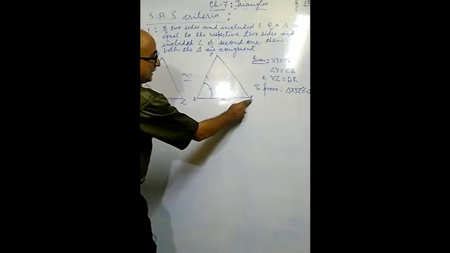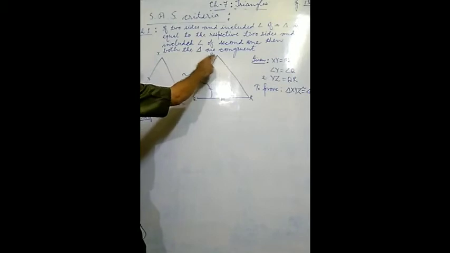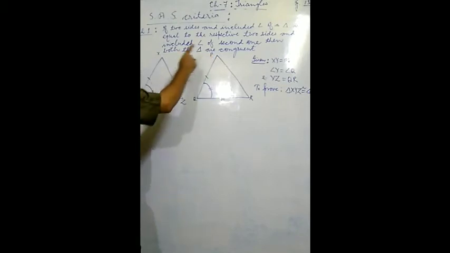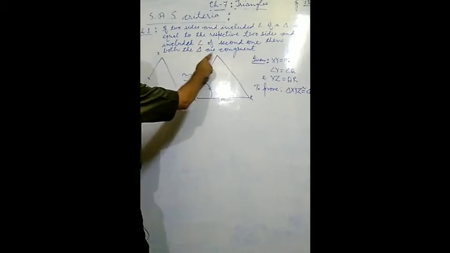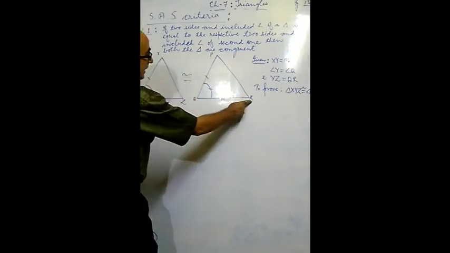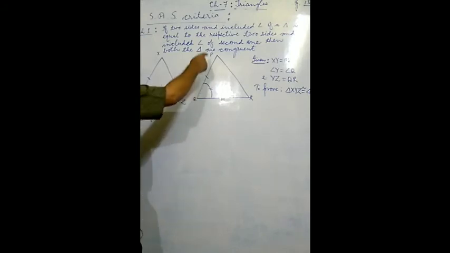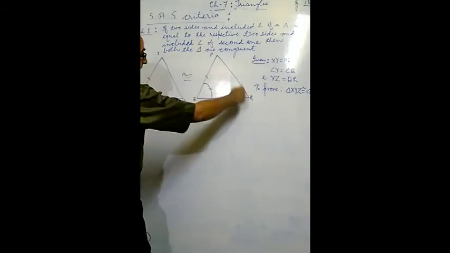Which point is falling at R? The point Z is falling at R. Which point is falling here? Point X is falling here. If X is falling at P and Z is falling at R, then XZ is also coinciding with PR.